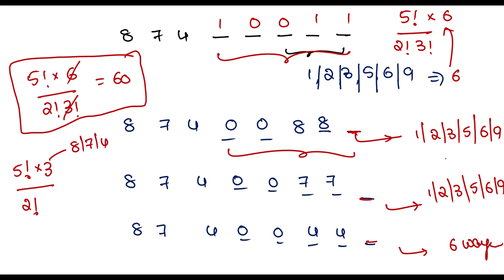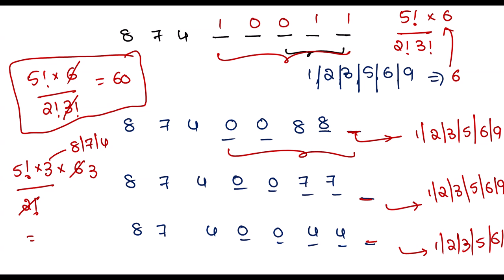Then the last slot can be filled with 1 or 3 or 5 or 6 or 9. It is nothing but into 6. I can fill it with 1 or 2 or 3 or 5 or 6 or 9. Now if you go for this, it is also 3 times. Now 120 into 9 will come.